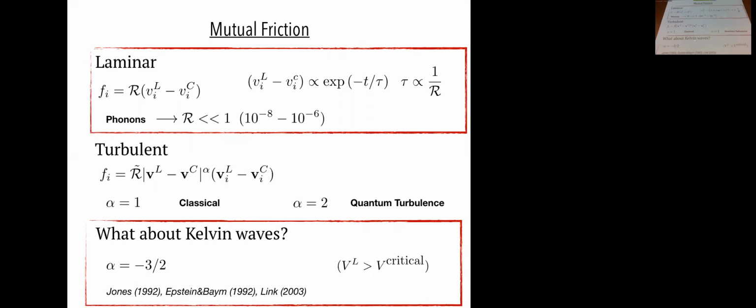The question is, what do we do if we want to understand mutual friction due to a vortex line moving past these pinning sites? You would excite Kelvin waves. You now have a length scale that's set by the interaction length for the pinning. There have been calculations of this for high velocities that give you alpha equal to 3/2.